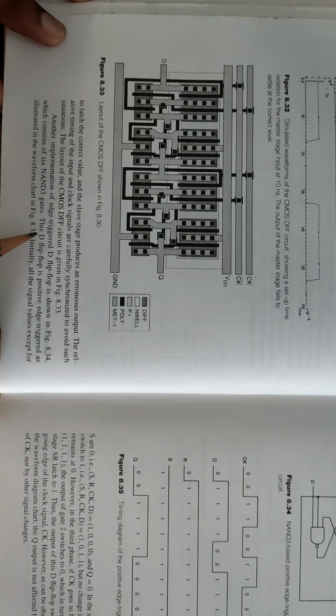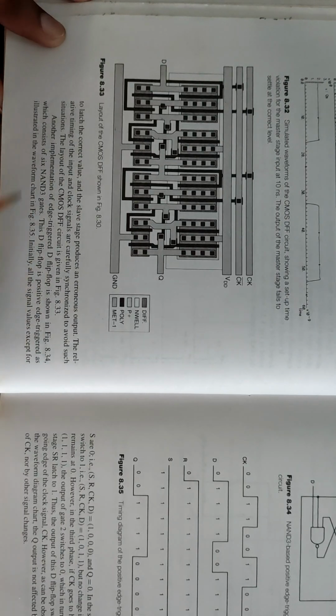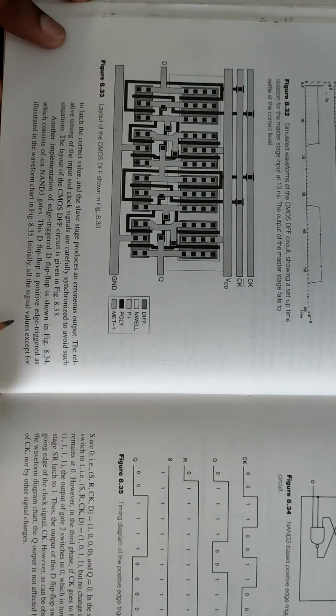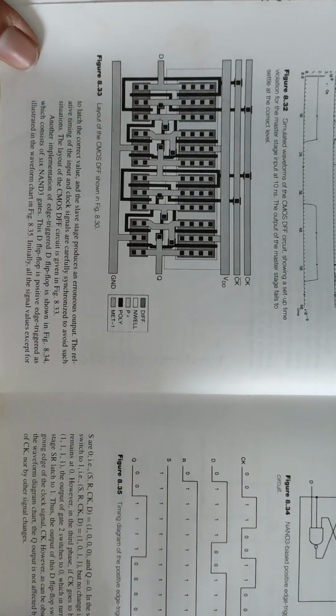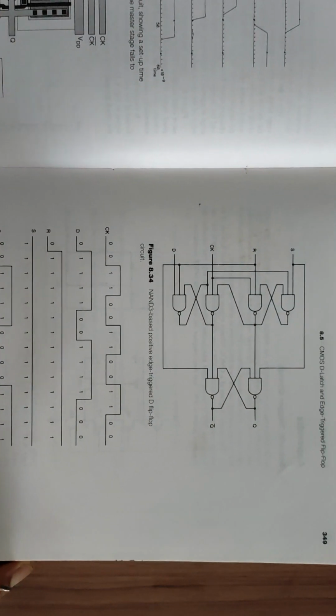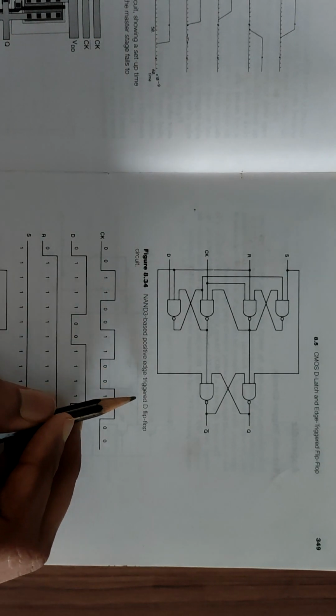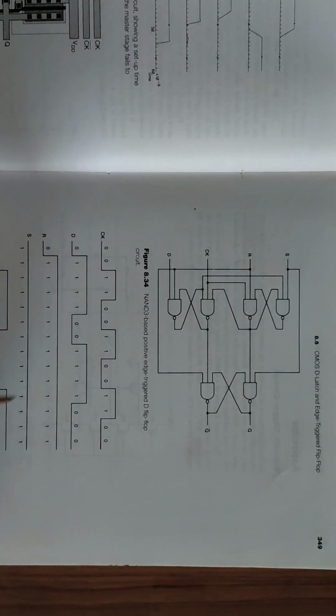Another implementation of an edge triggered D flip-flop is shown in the figure, which consists of six NAND3 gates. This D flip-flop is positive edge triggered, as illustrated in the waveform chart in the figure. Figure: NAND-based positive edge triggered D flip-flop circuit.